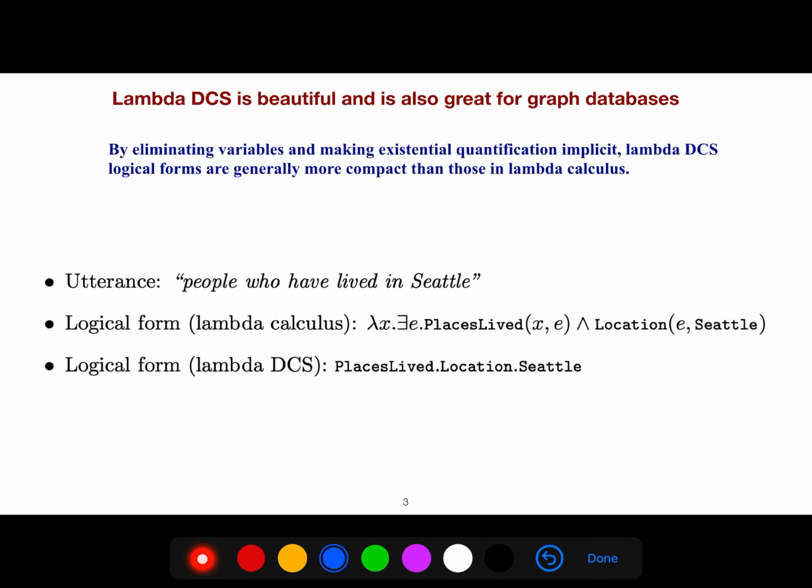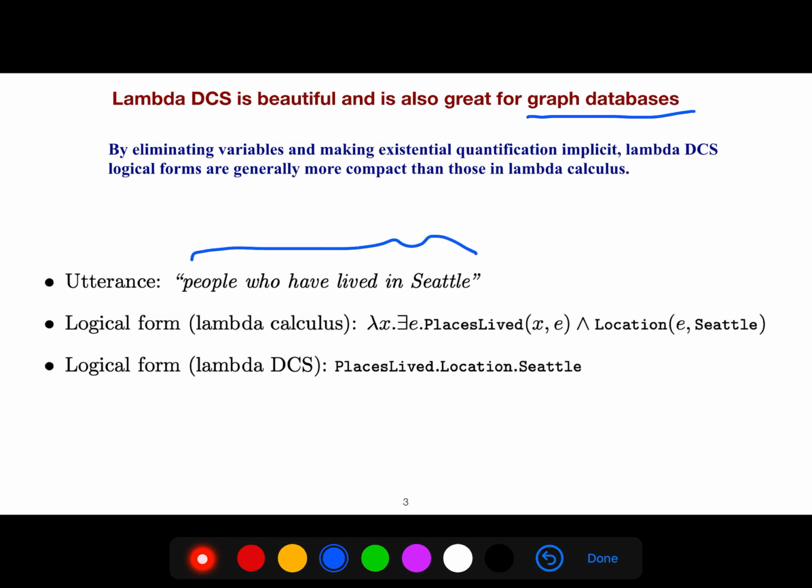It is beautiful, and is also great for graph databases such as Neo4j by eliminating variables and making existential quantification implicit. Lambda DCS logical forms are generally more compact than those in Lambda calculus.